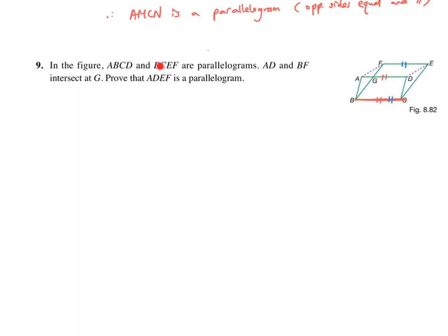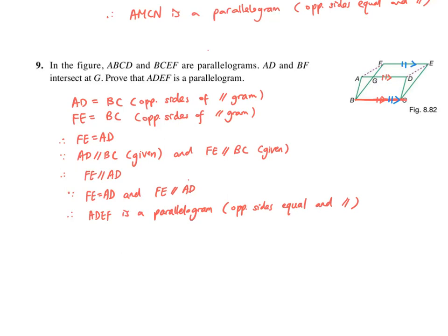Because BCEF is a parallelogram, you can look at the diagram here, FE equals to BC. So when you draw these two in the diagram, you can see that FE equals to AD. Similarly, you can see that AD parallel to BC, BC parallel to FE, then you can claim FE parallel to AD. So now you have two conditions here, and you can use condition 4 to prove for parallelogram.